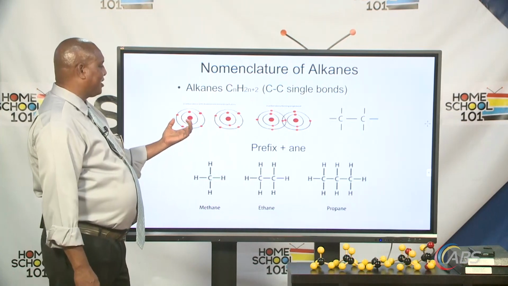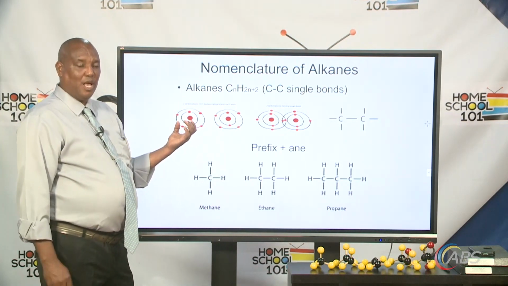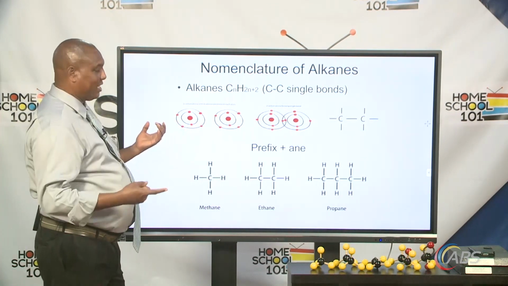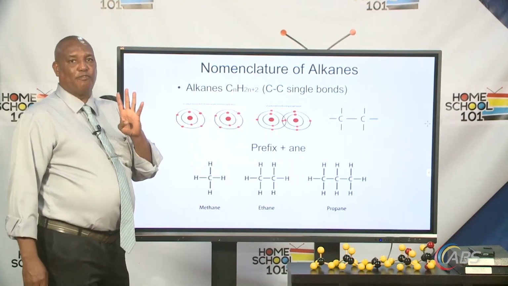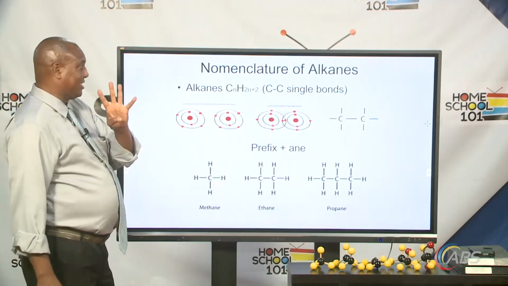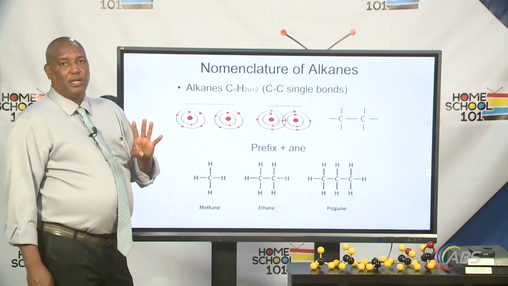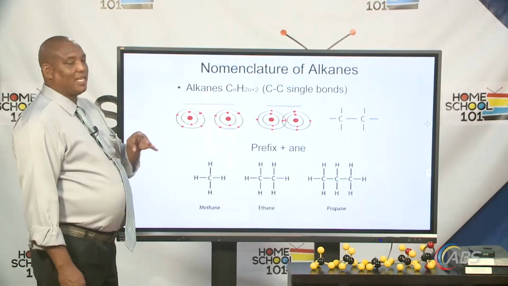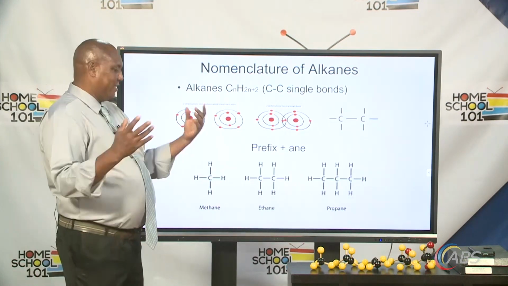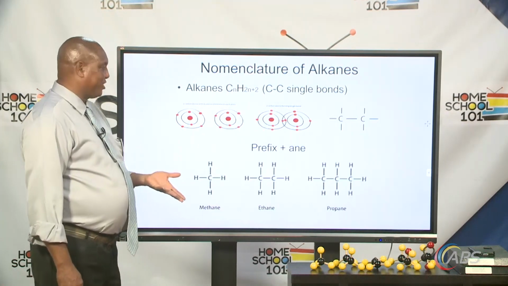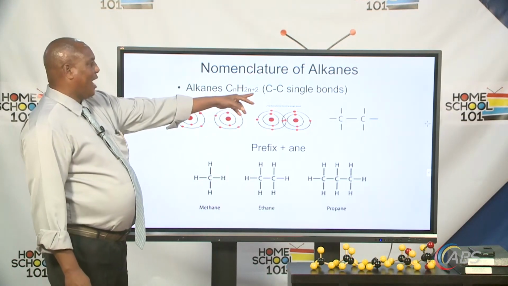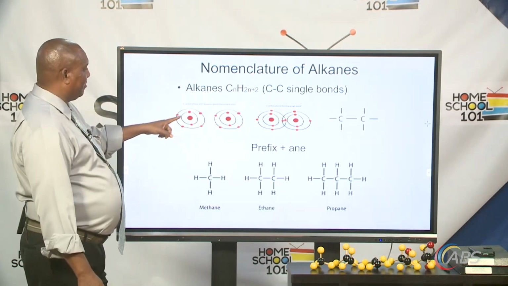So each carbon atom has 6 electrons around it, but 4 in the outermost shell. So we say it has a valency of 4. It can form a maximum of 4 covalent bonds with an adjacent carbon atom, or with other types of atoms like hydrogen. So in this case, carbon-carbon single bonds can form.